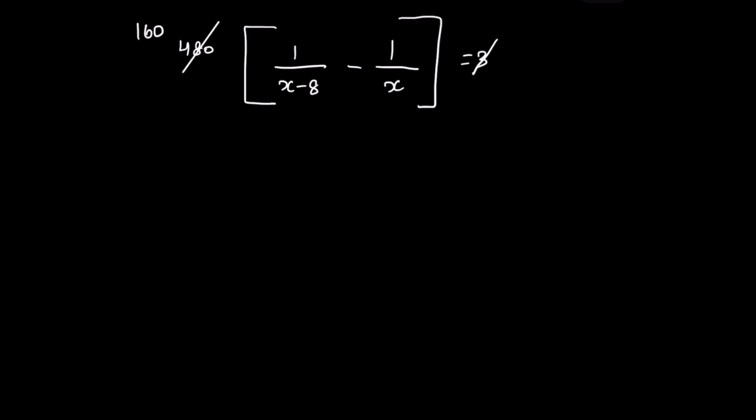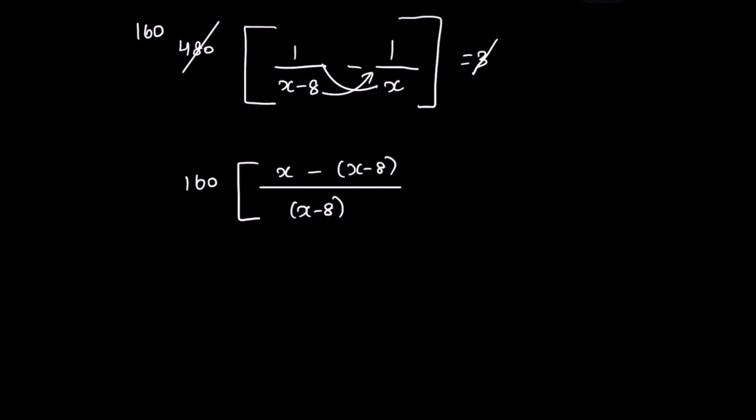So now also we need to cross multiply. 160, then x minus x minus 8, divided by x minus 8 times x is equal to 1.